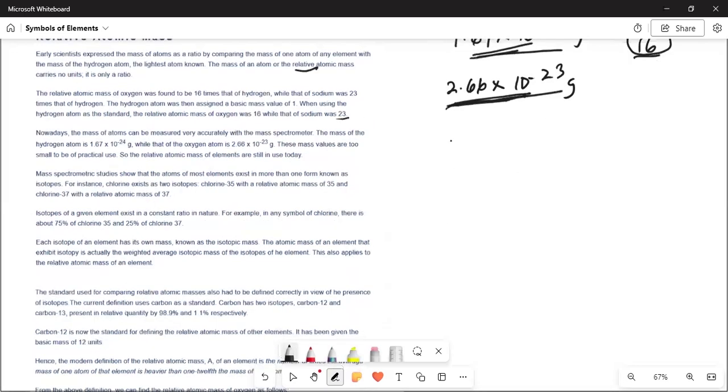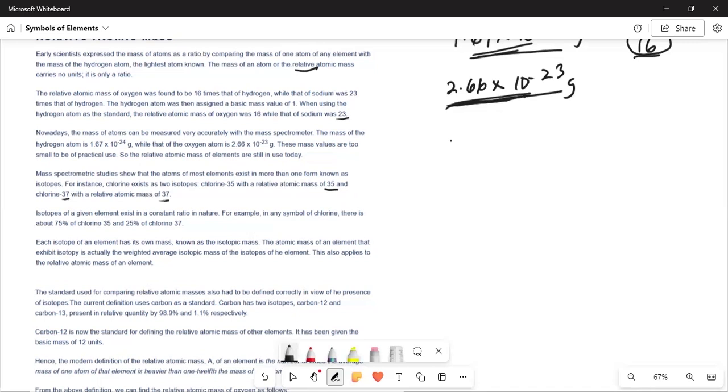Mass spectrometric studies show that the atoms of most elements exist in more than one form, known as isotopes. We mentioned isotopes in our previous class when we were talking about Dalton's atomic theory. Most elements exist as isotopes. A perfect example is chlorine, which exists as chlorine-35 with a relative atomic mass of 35, and chlorine-37 with a relative atomic mass of 37.